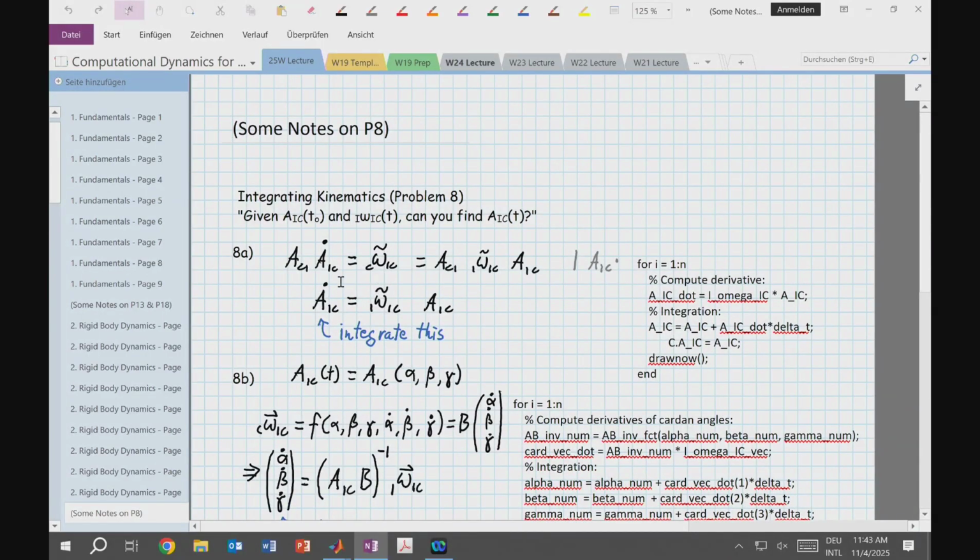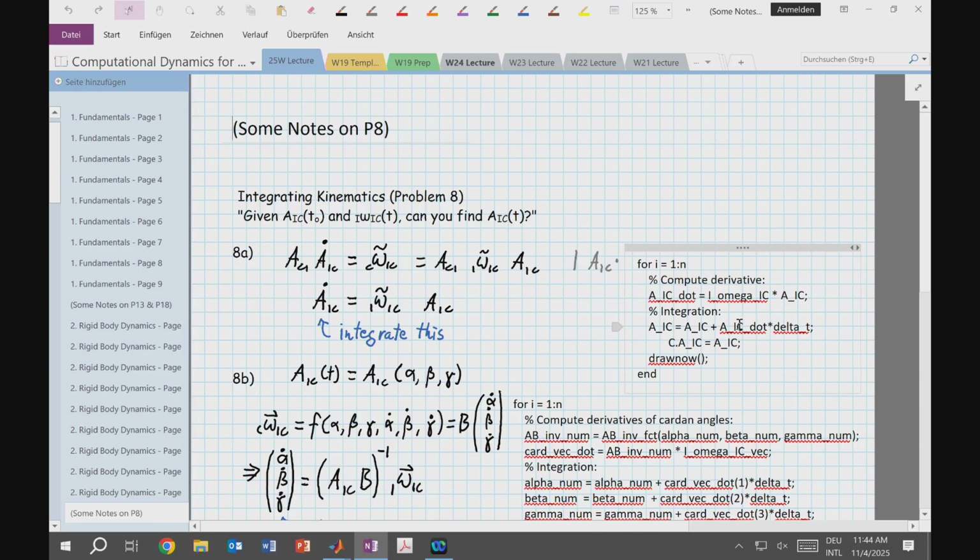Well, we do the stupid integrator, which basically does an Euler forward step, where it assumes that over this duration delta t, AIC dot is constant, which is not true, because over here we see that AIC dot depends on AIC, and if I have a rotation, AIC changes, so AIC dot changes, and here in my Euler forward integrator, I make a mistake.